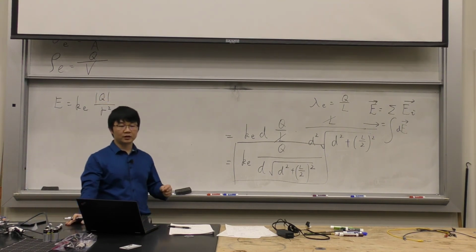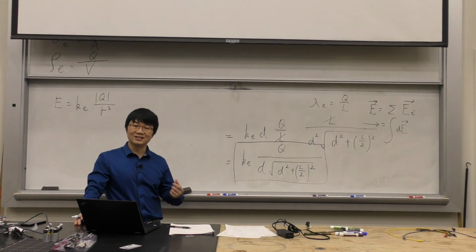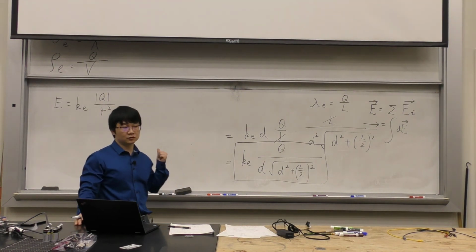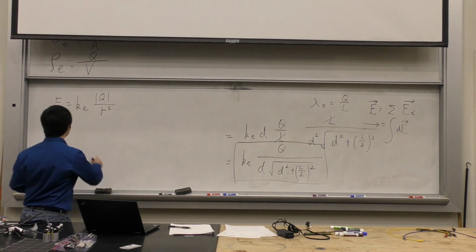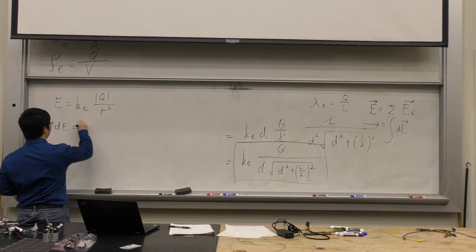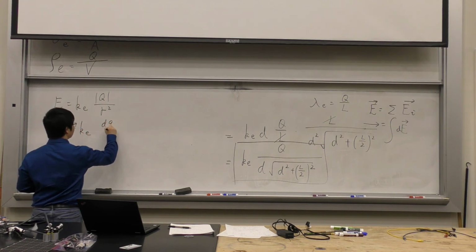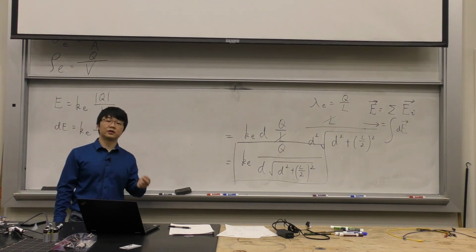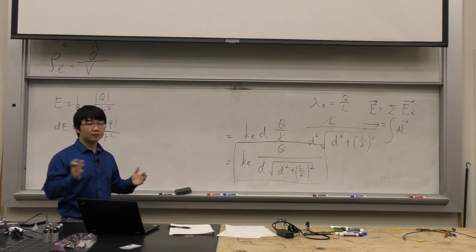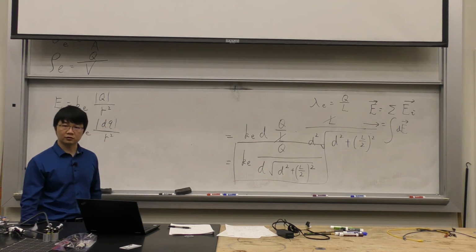okay? But now you pick an infinitesimal charge, you call it dq, okay? You can still use this theory, so the electric field becomes dE equals ke dq over r squared, right? And then in order to find the x components, we still did vector analysis, but everything in symbols, okay?